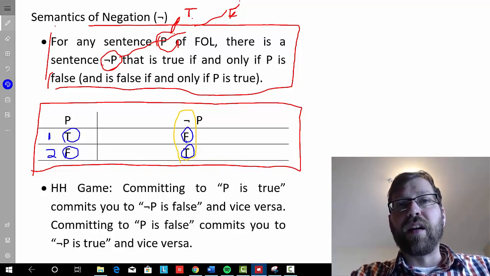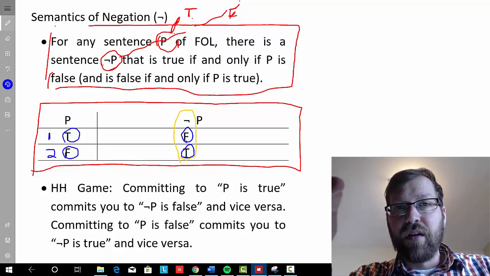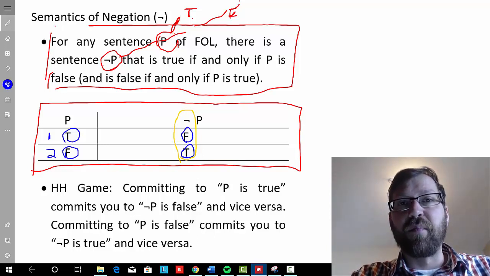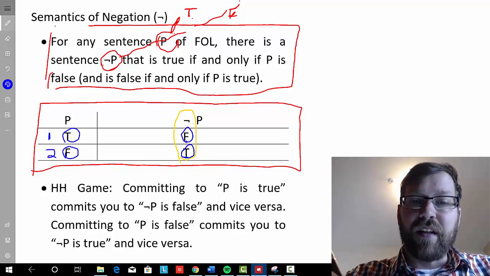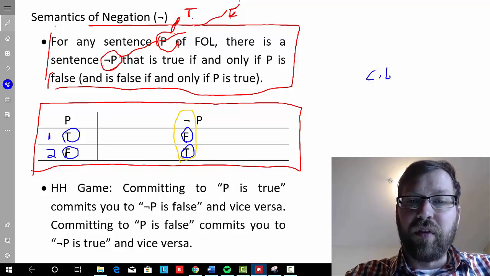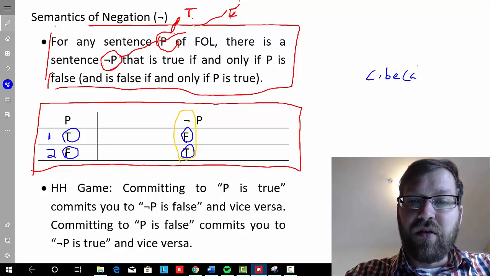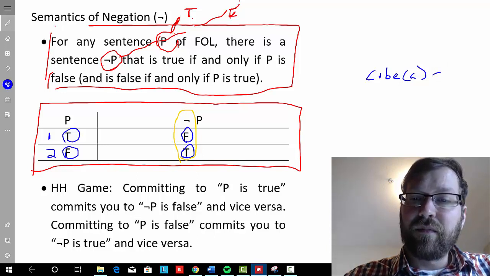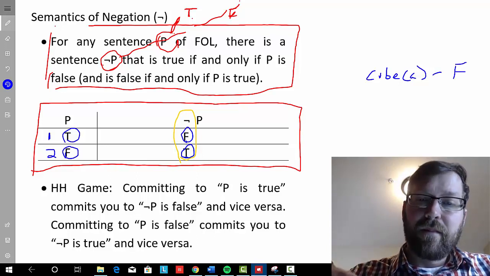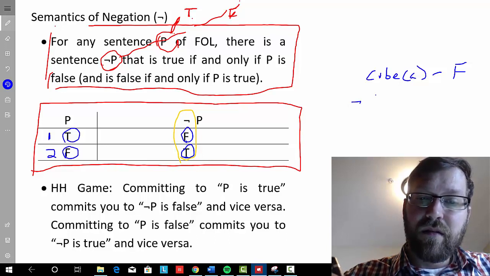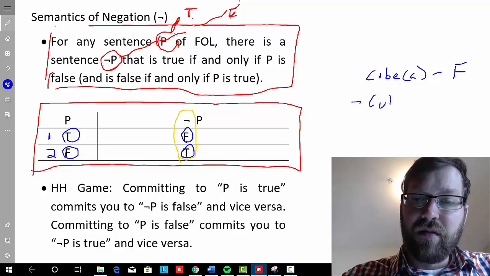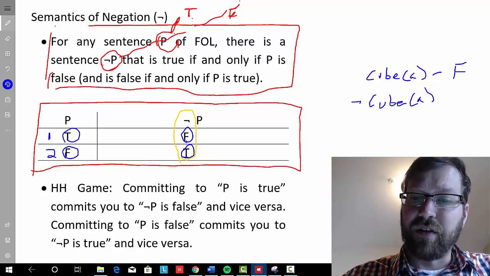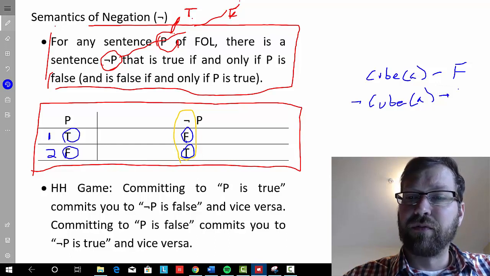So another way to think about what the negation symbol does is it tells you to assign the opposite truth value of the sentence that's being negated. So if in a world that we're looking at, it turns out that A is a cube is false, then not the case A is a cube would tell us to return true in that situation.